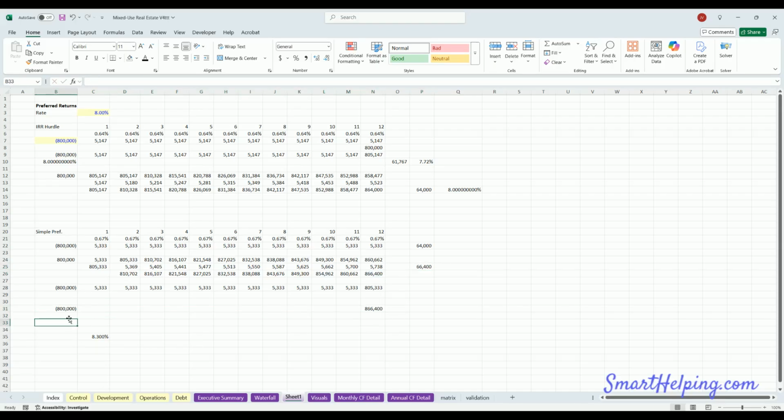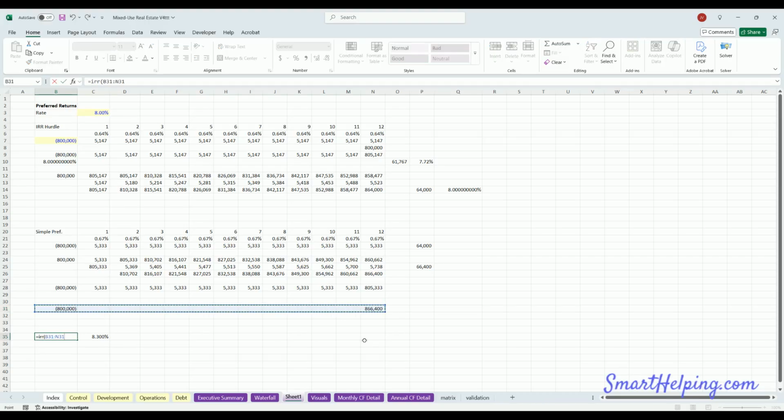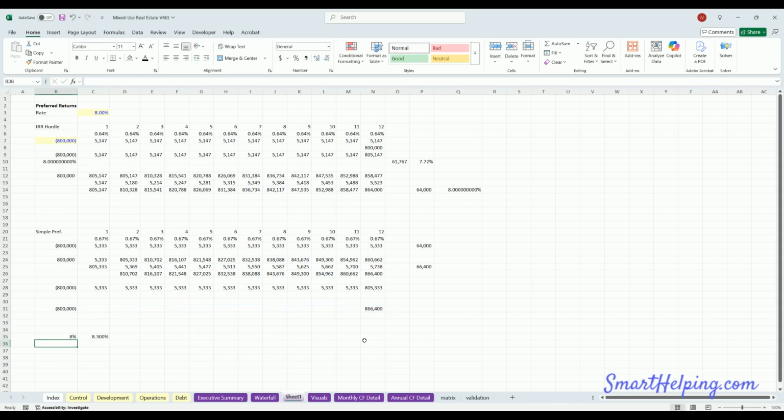And then we do an internal rate of return of that over the year. Plus the rate, raised to the 12 minus 1. Now you're at 160%.